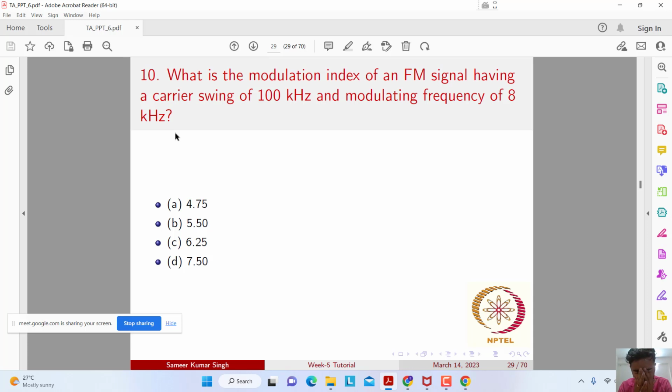Carrier swing is 2 times the maximum frequency deviation, so from there you will get the frequency deviation delta f.